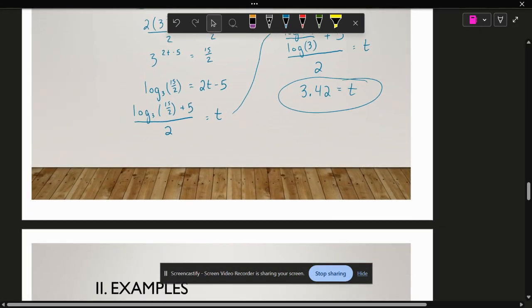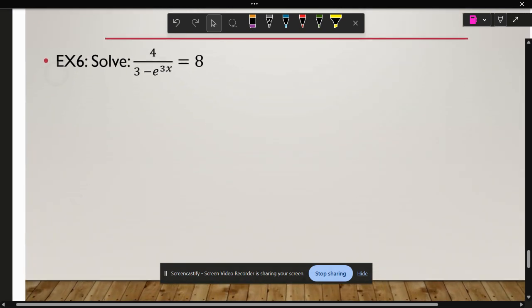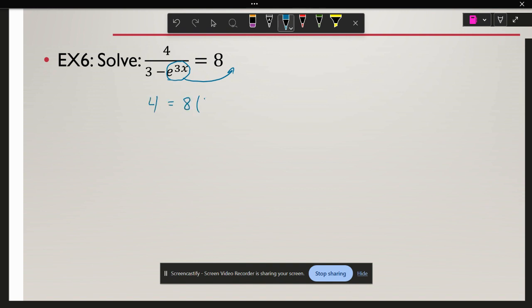Okay, let's move to example 6. So again, our main goal is to get our base and our exponent completely alone by themselves. This is in my denominator, so I'm going to move it by multiplying it over to the other side. So I have 4 is equal to 8 times 3 minus e to the 3x.